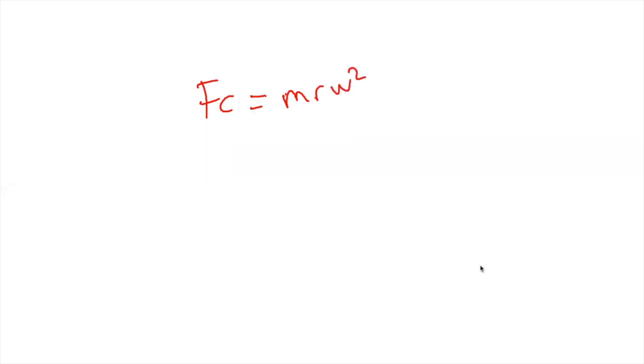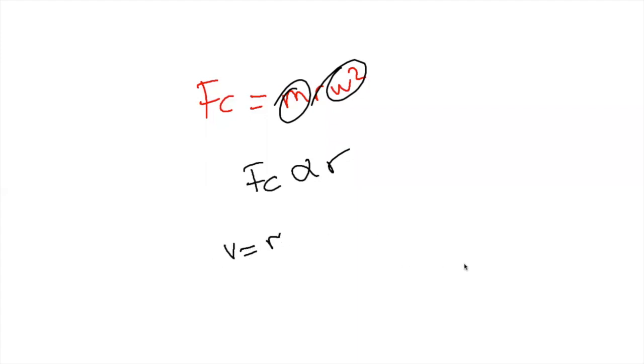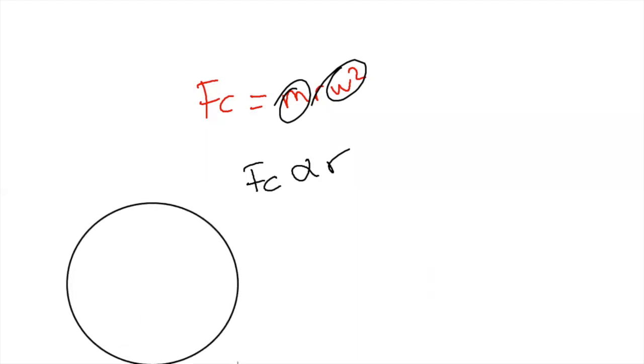Now, I said that omega is constant. So omega is constant and mass is constant. And I know that Fc is directly proportional to radius. That was one thing. And I also said that we also know that velocity, let me rephrase it for a second. So yesterday I made that circle, and I said that if I have, this was my A and this was my B. So B has greater velocity.